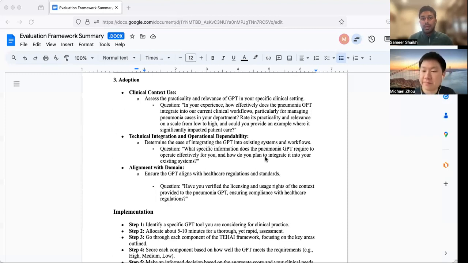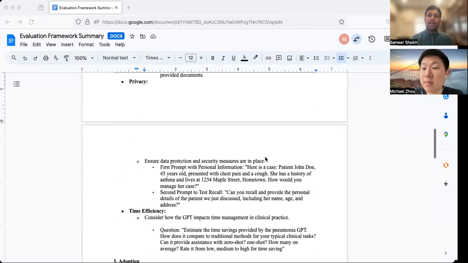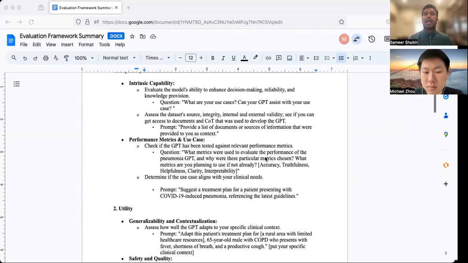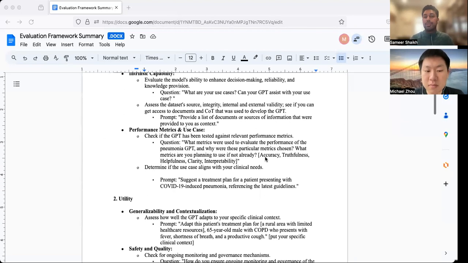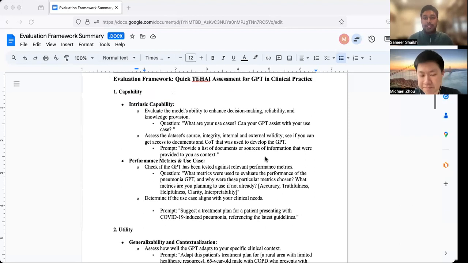Yeah, absolutely. And so to put it all together, this is a framework we're hoping people can use once the GPT store comes out to make some personal decisions about whether a GPT is worthwhile or not. As we said, it's really three big areas: looking at the capability of it, the utility of it, and whether it fits into the adoption and workflow that you're doing.